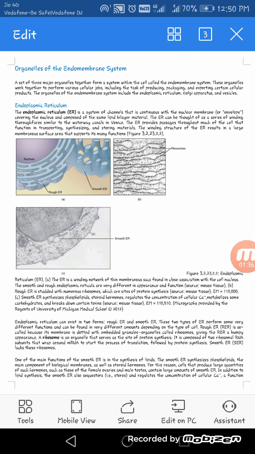The ER can be thought of as a series of winding passages similar to the waterway canals in Venice. The ER provides passage throughout much of the cell that functions in transporting, synthesizing, and storing material. The winding structure of the ER results in a large membranous surface area that supports its many functions.